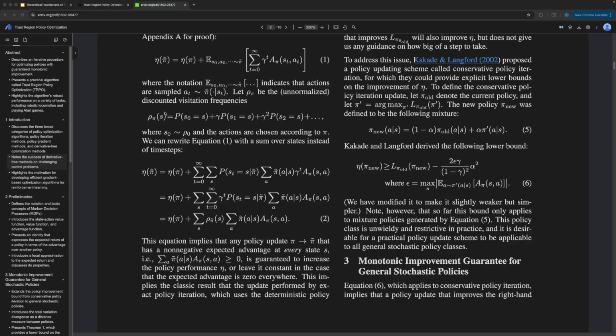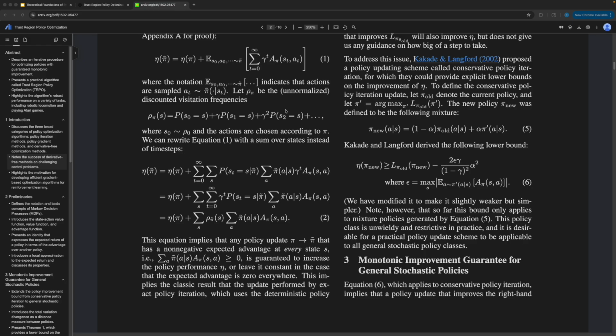So rho pi of s is the steady state probability that the agent would reside at state s, where this probability is discounted by gamma. So this is the probability that the agent is at state s at the 0th time step plus gamma times the probability that it is at the first time step plus gamma square times the probability that it is at the second time step, and so on. So this is unnormalized.